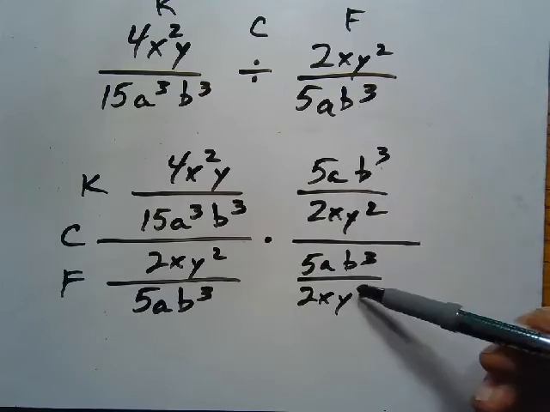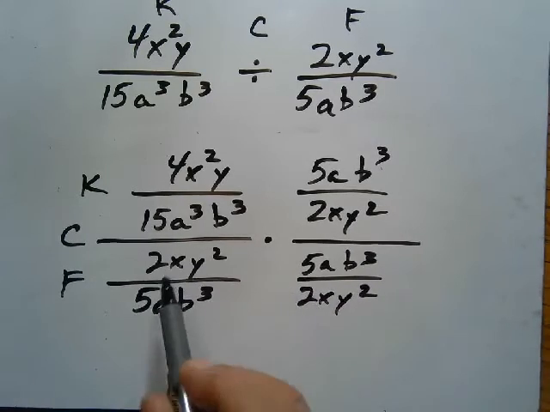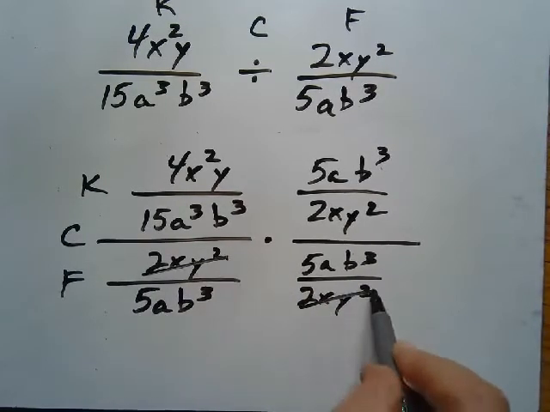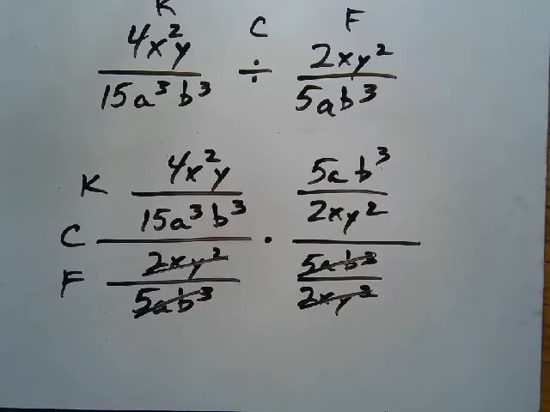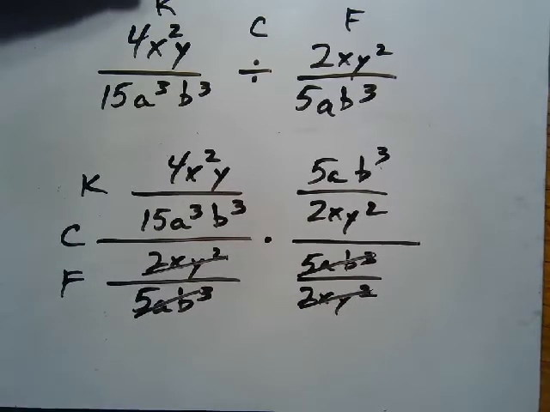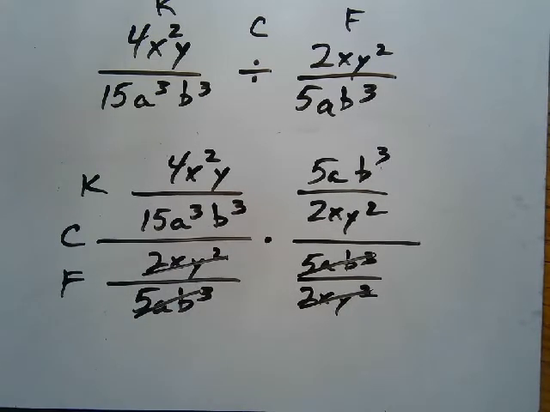The top and the bottom are identical, and so this is really just 1. I haven't changed the problem. But what happens on the bottom? Well, all of this cancels away, and I had what I had originally. That's a third way to do the problem. Obviously, this one takes much longer because you have more writing to do. But whichever way you do it, you're going to have to keep, change, and flip this bottom fraction. That's the normal process that we have been working with fractions for a long time.